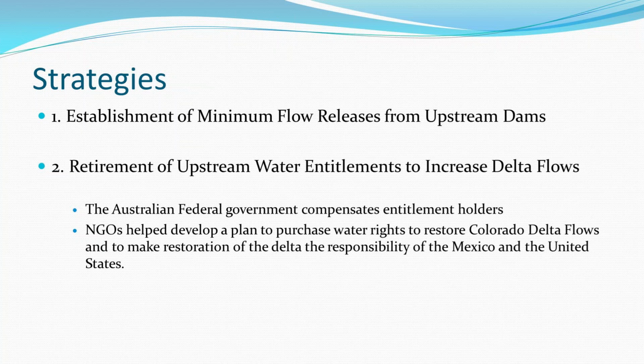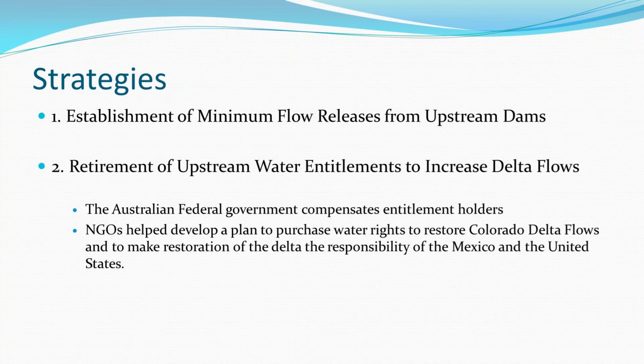There's a voluntary program going on in the Mekong for this, and in other river basins. In some cases, it will actually be necessary to retire upstream water entitlements to increase delta flows.